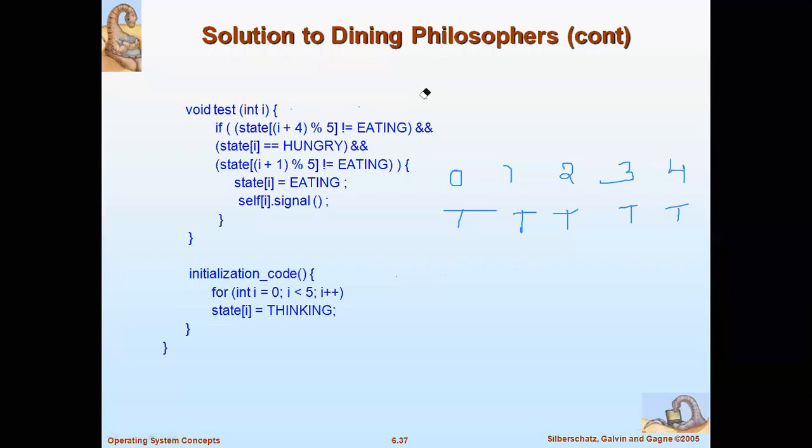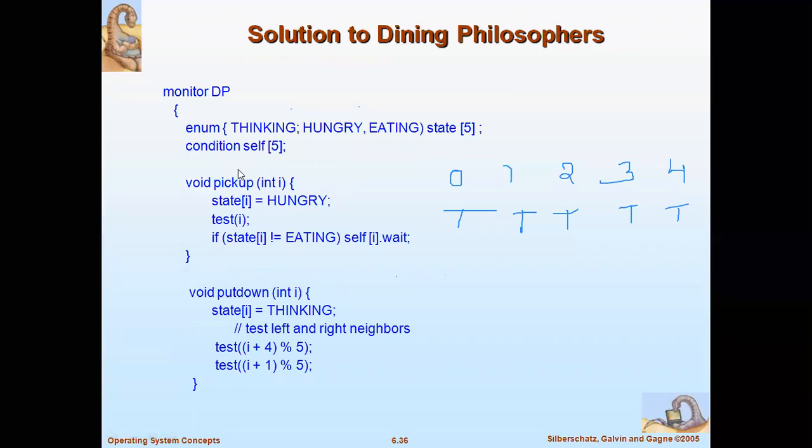Clear? Initially, all the philosophers are in the thinking state. Now let's go to the previous slide. Philosophers are processes here. If a philosopher wants to eat, then he should be hungry, and if he is hungry, he has to pick up his chopsticks.